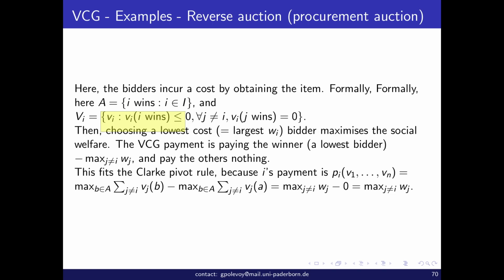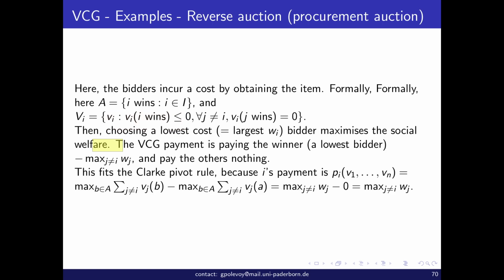Now, why? First of all, how do you choose the best option? You choose the player with the lowest cost. So, basically the largest, because the values are non-positive, the largest value, or the smallest cost in absolute value. That's what you do to maximize the social welfare. Now, what is the payment?